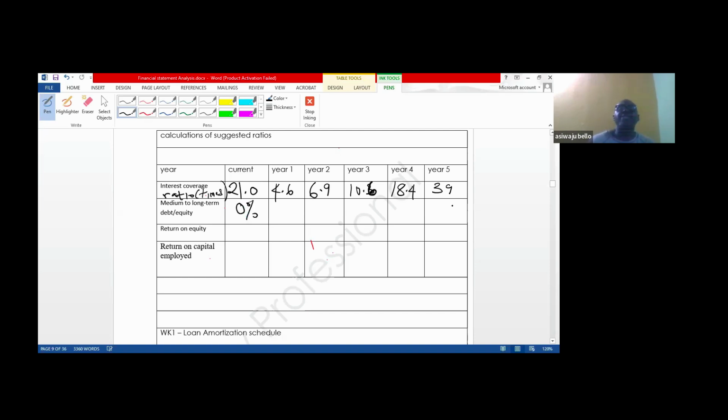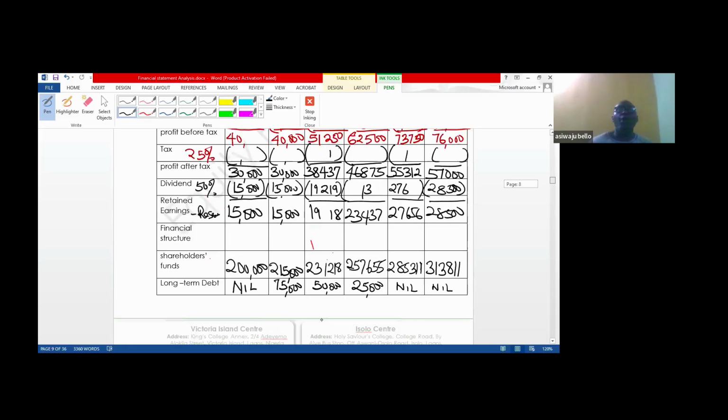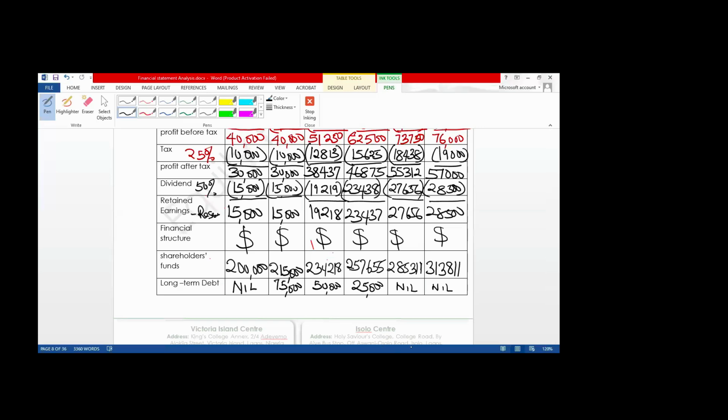This is 0%. Look at it, please. Debt over equity funds. Nil over 200,000. 0. For year 1, 75,000 divided by 215,000 multiplied by 100.